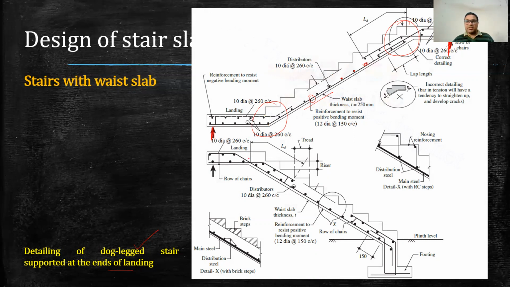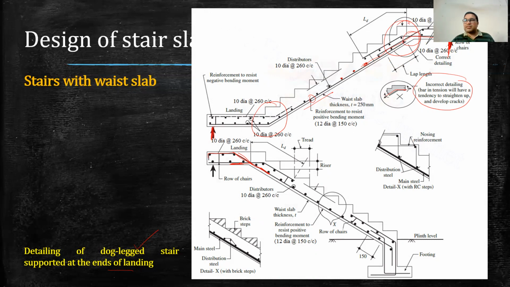Here in this case you can see this reinforcement is not bent like this. It is actually extended till the top layer of the landing and then bent up. This practice is done because, as written here also in correct detailing, if a reinforcement is coming like this and then directly bent like this, in that case at this point negative bending may develop and this bar may try to straighten up.